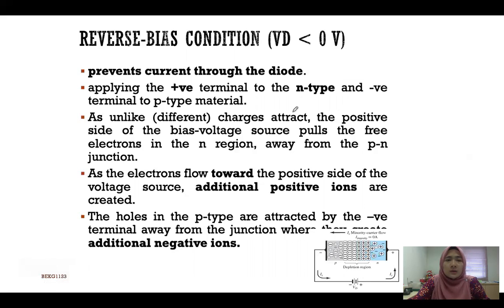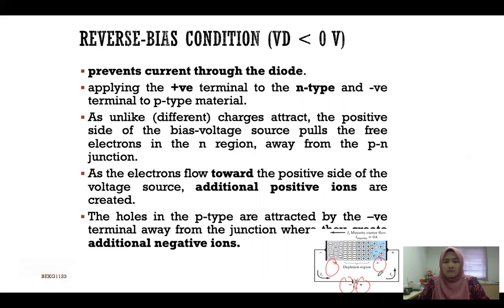This reverse bias condition happens when the negative polarity of the external voltage is connected to the P region, while the positive polarity of the external voltage is connected to the N region. Then we will have a reverse bias condition.